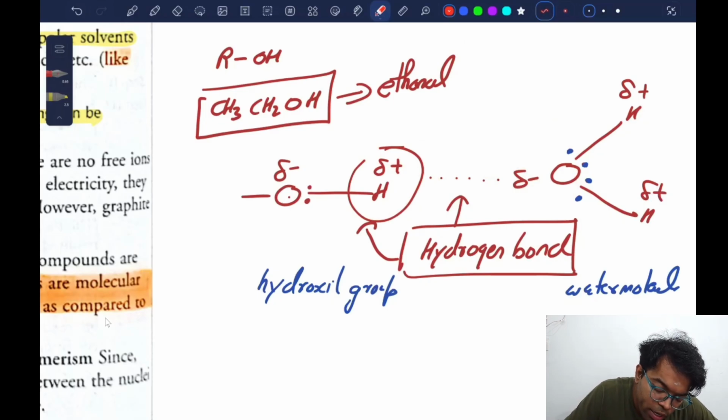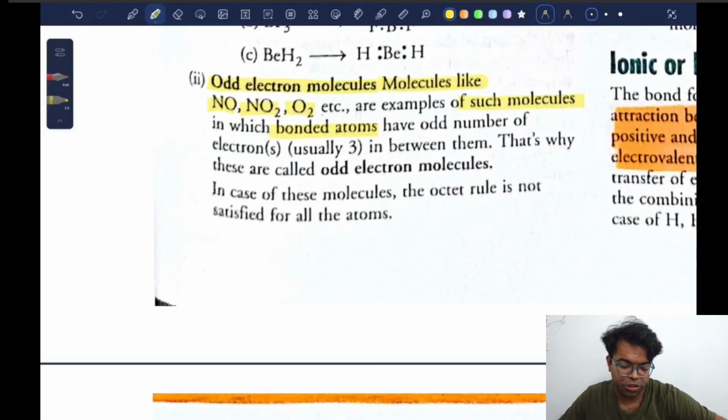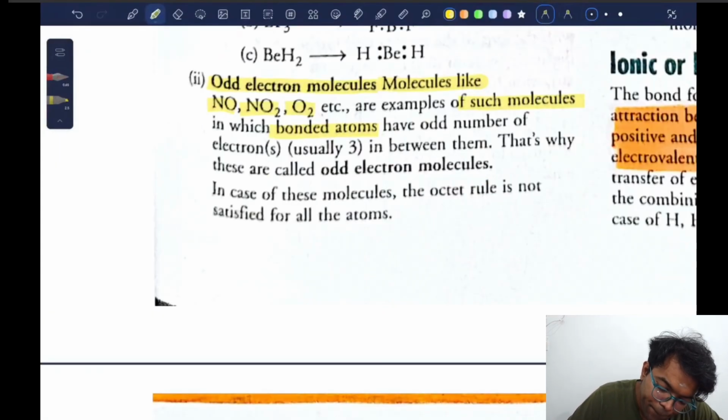Okay, odd electron molecules. Molecules like NO, NO2 and O2 are examples of such molecules in which the bonded atoms have an odd number of electrons, usually 3 in between them.